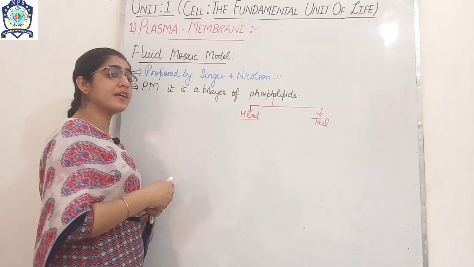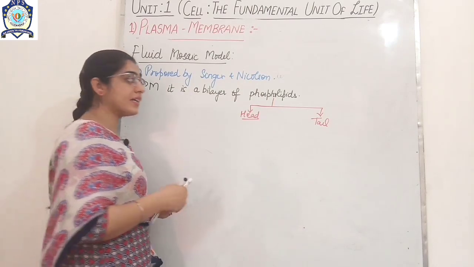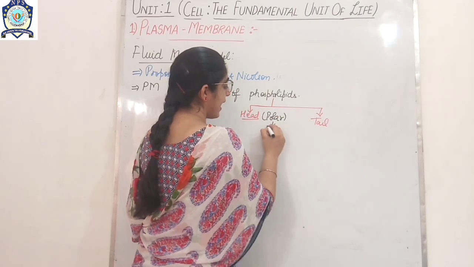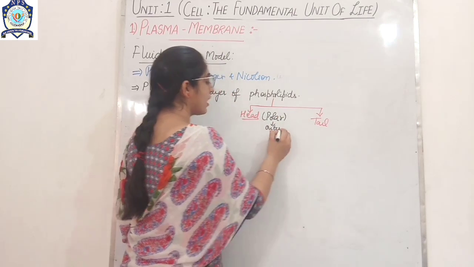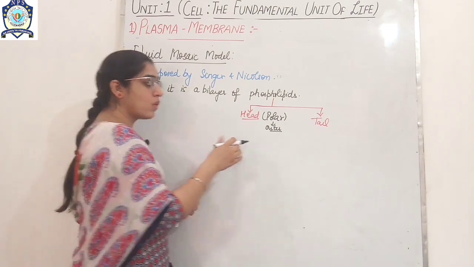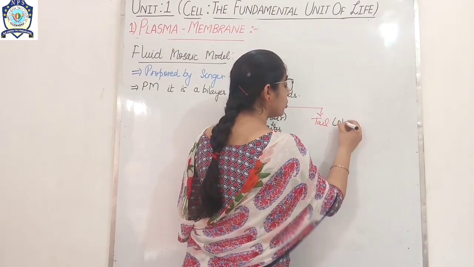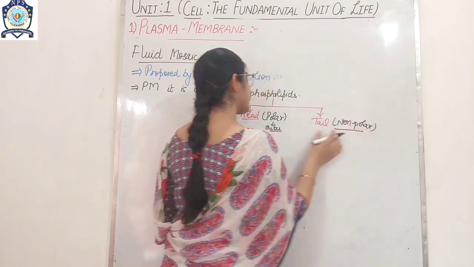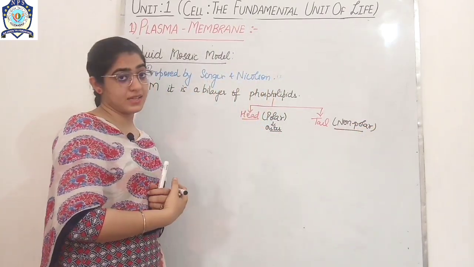Head part क्या होता है students? The head part is polar in nature, and it is present on the outer surface of the plasma membrane, while the tail, which is non-polar, is present on the inner side.